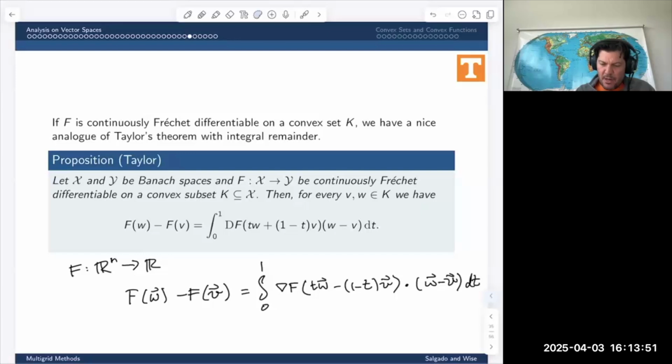So, what's the problem with this? Well, the problem is that when I calculate this object here, remember w and v are fixed, but for each t, what kind of object is that?